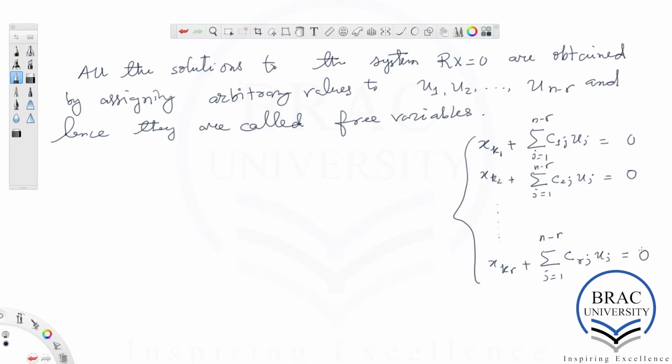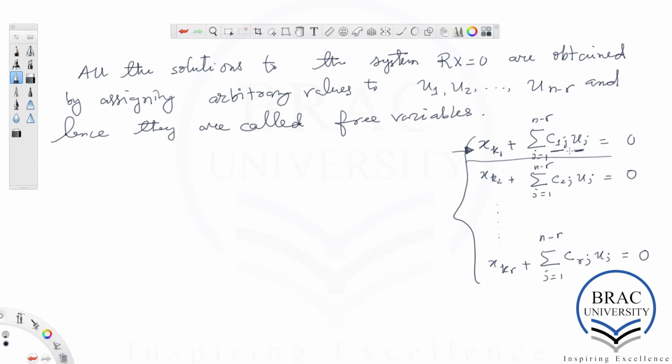So this is the reduced system of linear equations, right? And for each equation of the system, you see that you are writing x sub ki as a linear combination of the free variables uj, j running from 1 to n minus r. The coefficients of the linear combinations are these Cij's, right? For the first row, they are just C1j's.